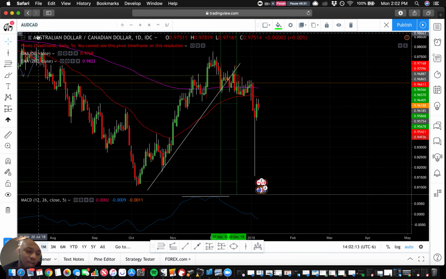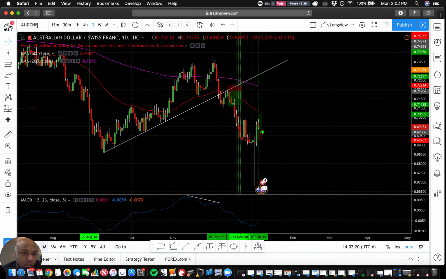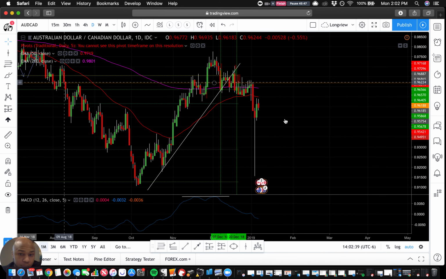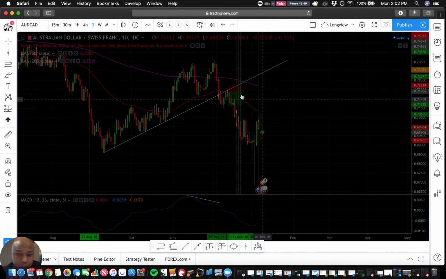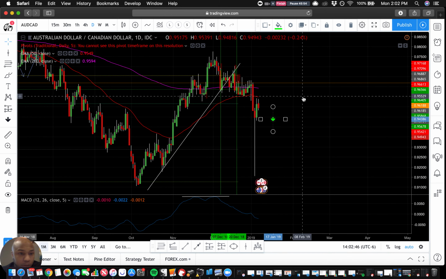Does that make sense? If not, hit the comments, let me know. But basically what I'm saying is, whichever currency is in the, I forget the technical term for it, AUD is the base currency, CHF is the other currency. The other currency means that if we're bearish, that means this one's stronger than the base. Since CAD is stronger than CHF right now, and I'm looking at these two and they're pointing opposite directions, this one's saying down, okay?